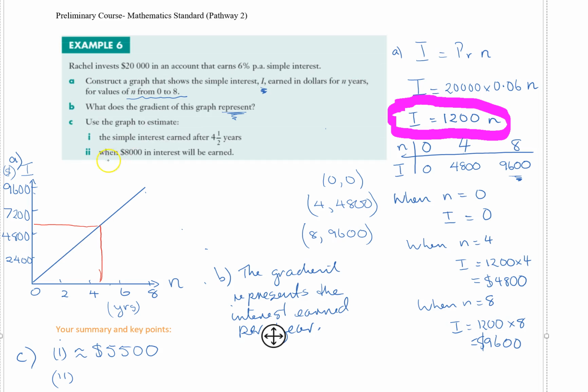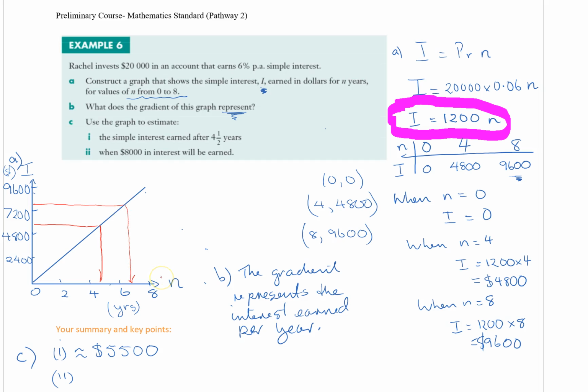And then in part 2 we have to estimate when, so that's the time, 8,000 in interest will be earned. So 8,000 is just a little bit after 7,200, so we come across to the graph and we come down.